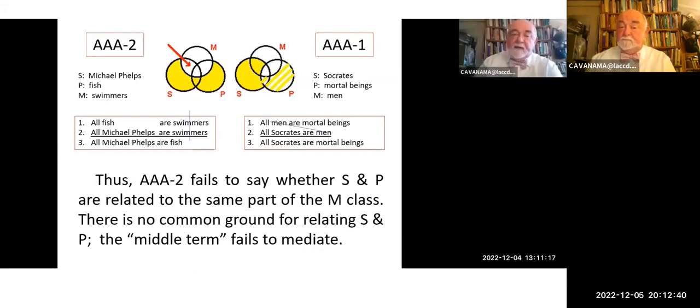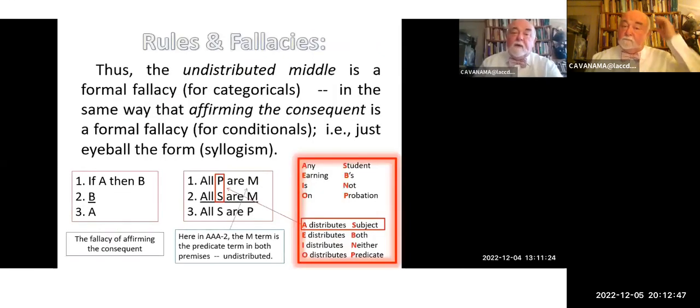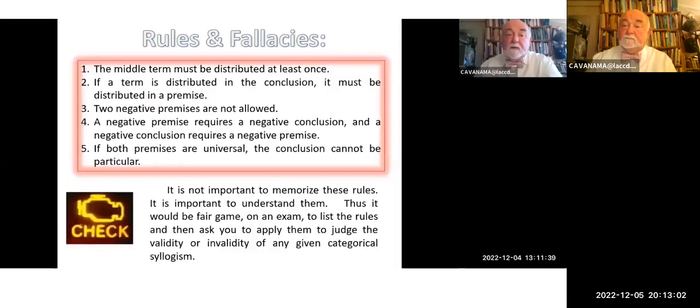No common ground for relating S and P. The middle term, as it were, fails to do what a middle term should do, which is to mediate. The undistributed middle is a formal fallacy for categoricals in the same way that affirming the consequent is a formal fallacy for conditionals. All you have to do is eyeball the form, or eyeball the syllogism in question, and you'll get it. So, rules and fallacies.